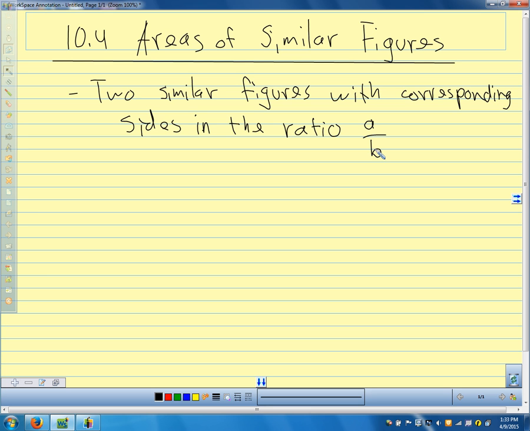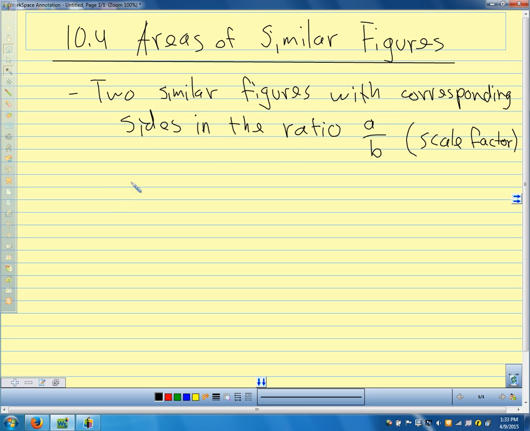Or when we did the dilation? Remember? We called that the scale factor. So the ratio of the sides of two similar figures is the scale factor between the similar figures.